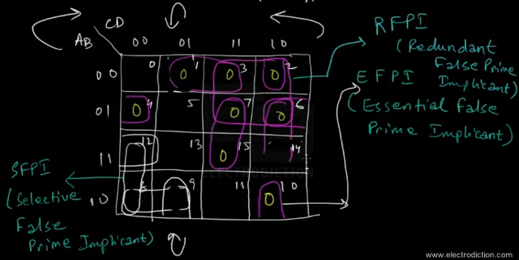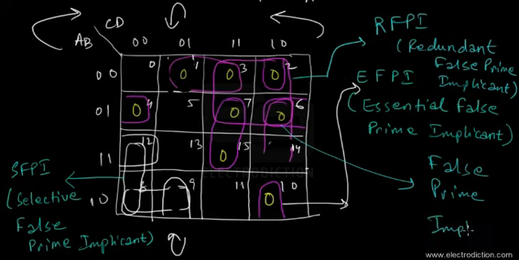You should always keep in mind that in the POS system, all the groups that are formed over here are each referred to as a false prime implicant. It doesn't matter whether the groups are pairs or quads or groups of 8.